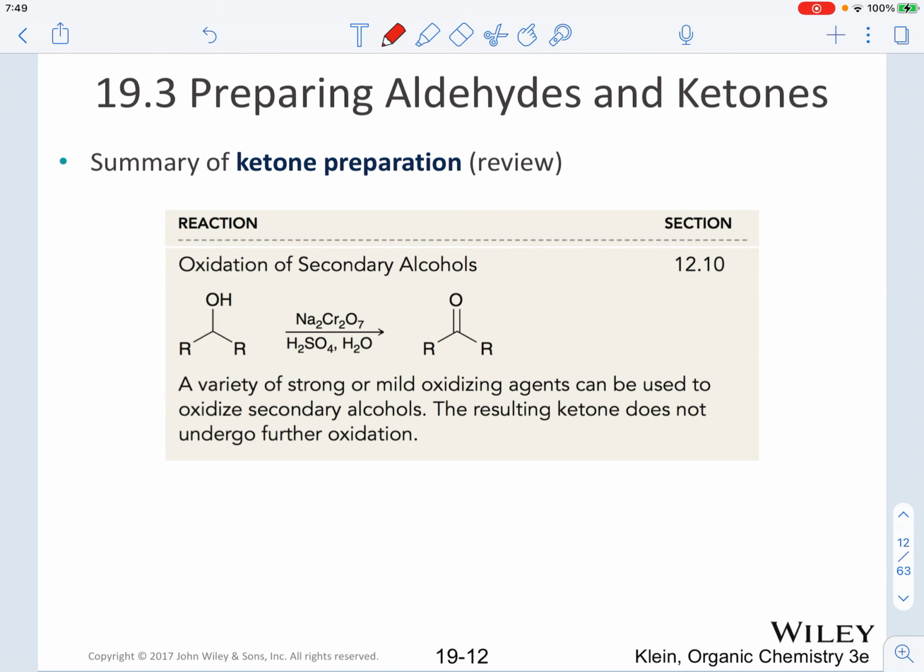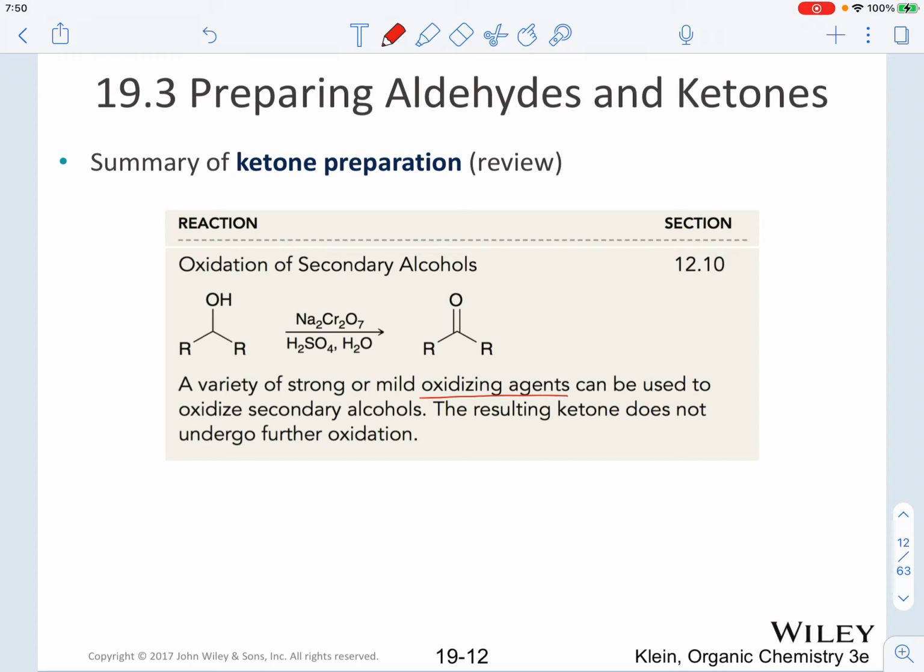Now we're going to proceed to talk about the preparations of ketones. So ketones can be prepared from secondary alcohols. Now, there are a variety of oxidizing agents that can be utilized to make that ketone, but understand that secondary alcohols only have one result, which is the formation of a ketone when oxidizing reagents are utilized.